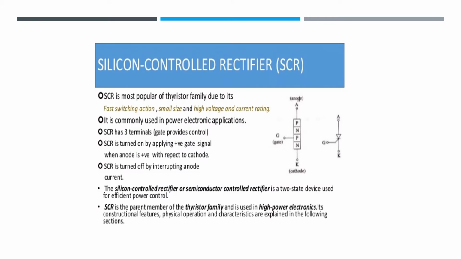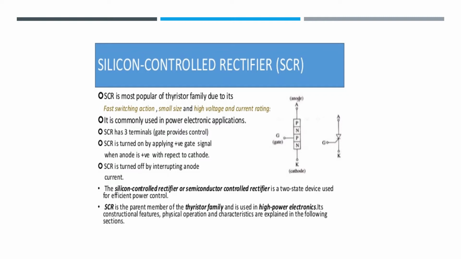The silicon control rectifier is the most popular of this family due to its fast switching action, small size, and high voltage and current rating. It is commonly used in power electronic applications. SCR has three terminals and control is provided by the gate. SCR is turned on by applying a positive gate signal when the anode is positive with respect to the cathode, and SCR is turned off by interrupting the anode current.